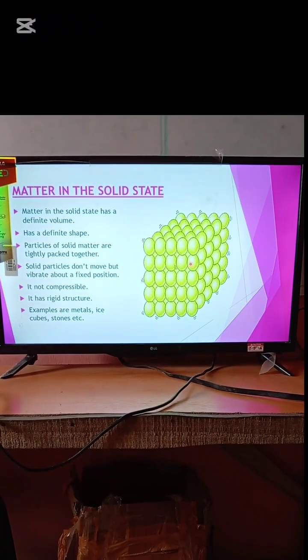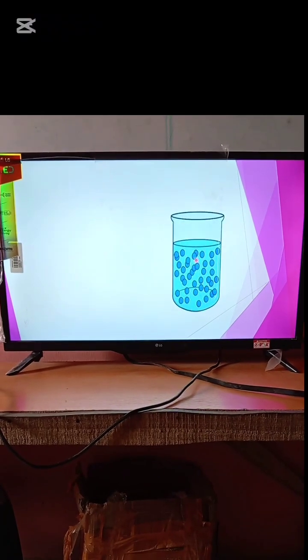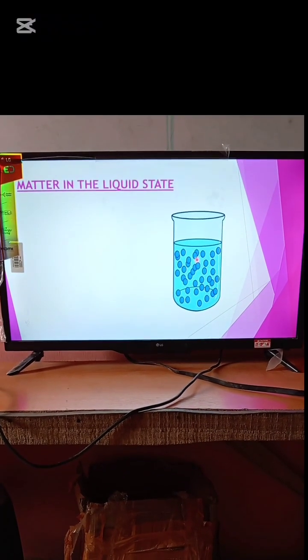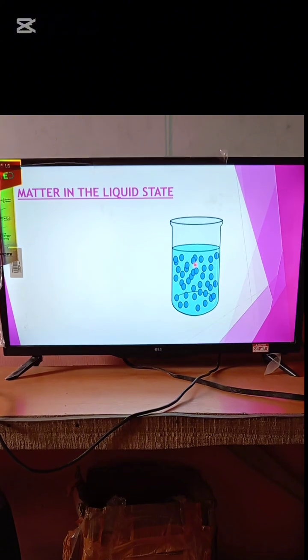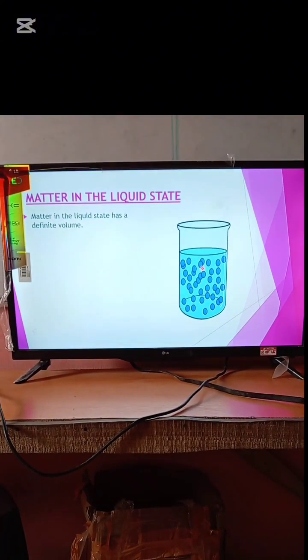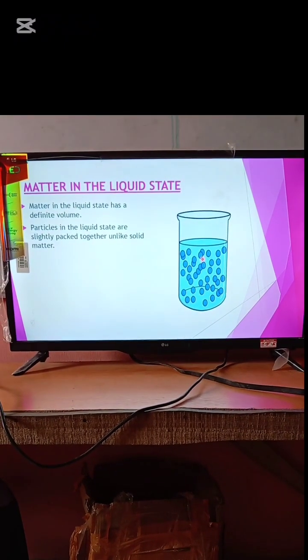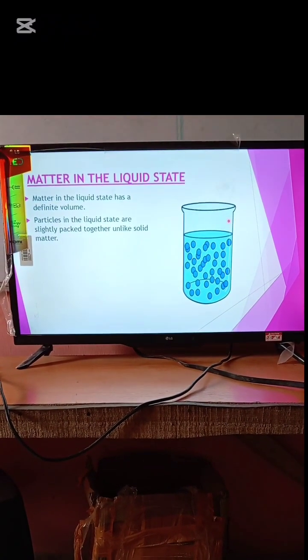Then let's move on to another state of matter, the liquid state. Matter in the liquid state has a definite volume. The particles in the liquid state are slightly packed together.